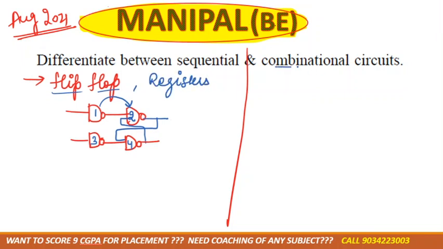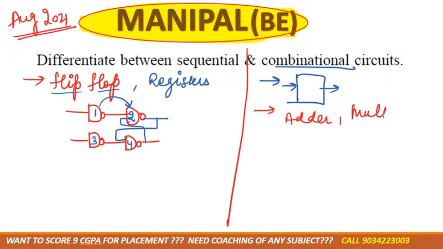Now the combinational circuit: we have given an input and according to that we'll get some output, right? So examples of combinational circuits are adder, multiplexer, demultiplexer, or subtractor. Adder, you may remember: we give two inputs.